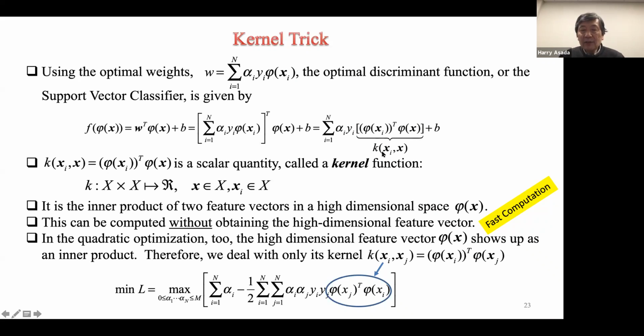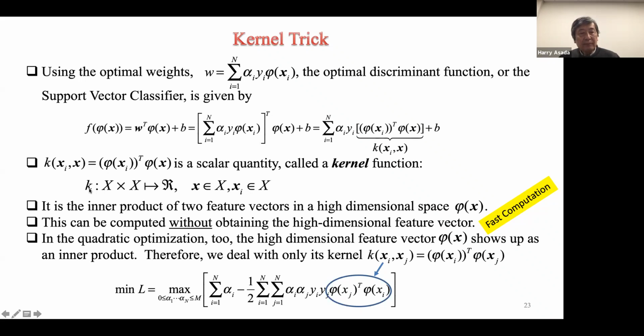This kernel function has several special properties. But basically, generalizing this result, the kernel function maps the vectors x and xi to some scalar quantity, because an inner product is a scalar quantity.